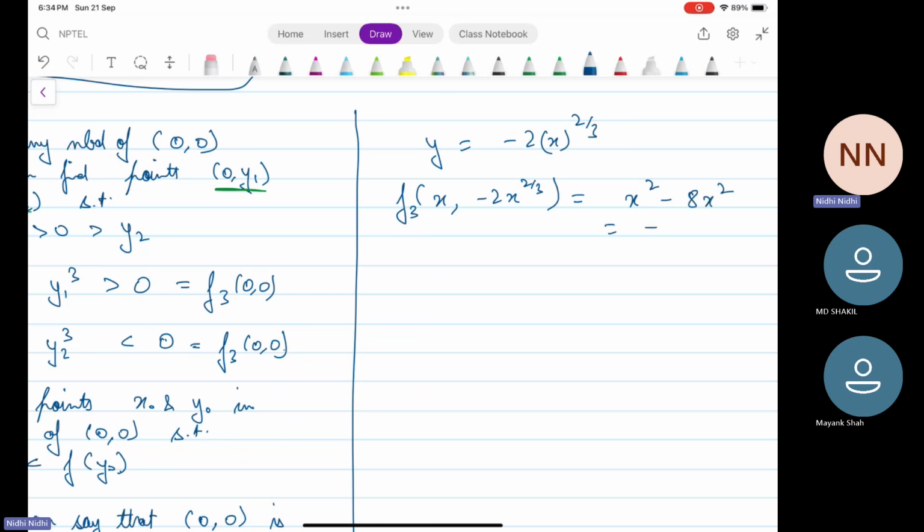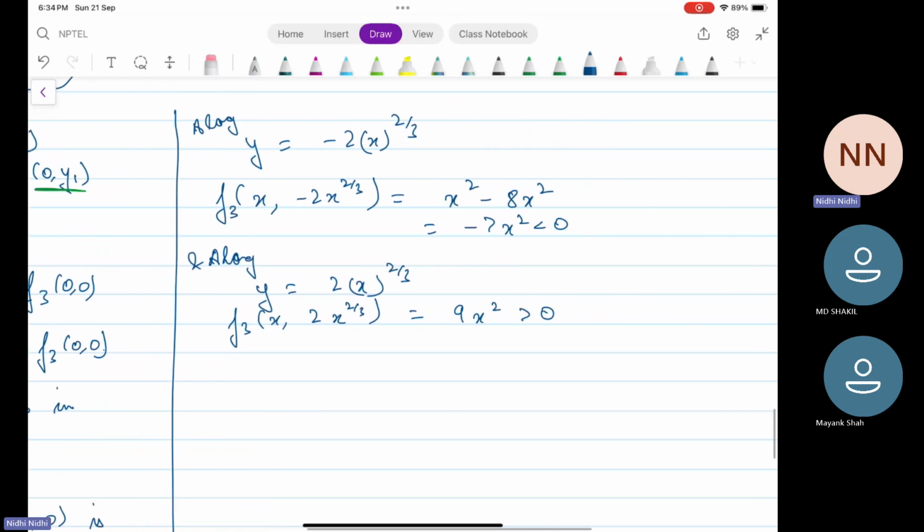So that's minus 7x square, always negative. And along the path y equals to 2x to the power 2 by 3, in that case, for x, 2x to the power 2 by 3, this will become 9x square, which will always be positive.